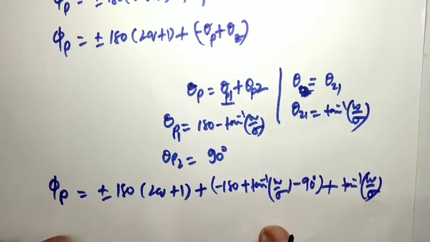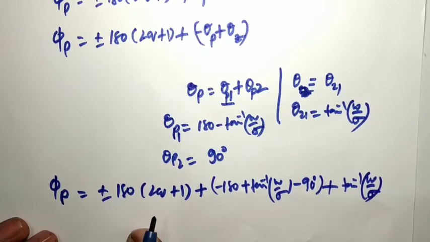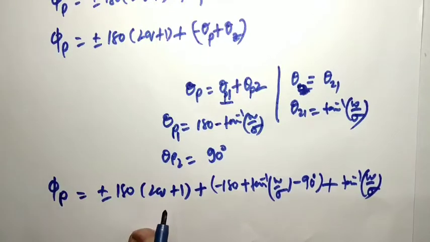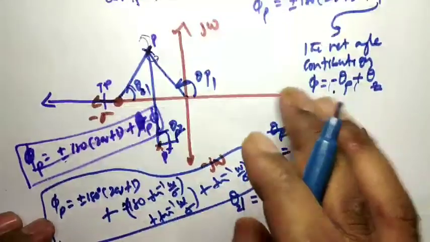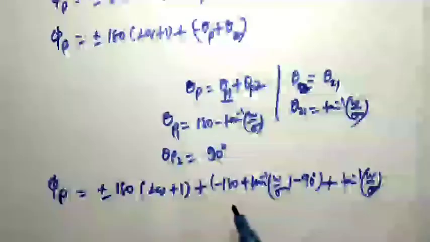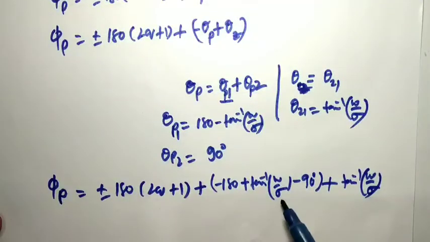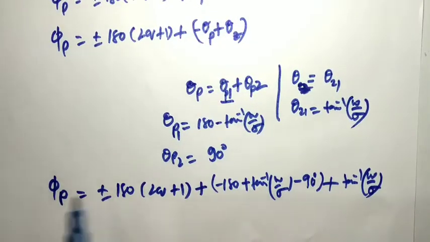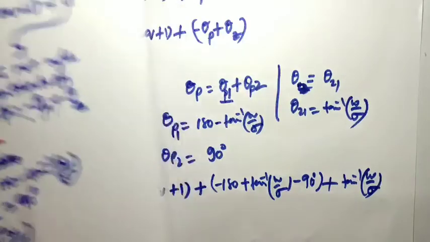So you will get the angle of departure value. Generally, if you just find the omega and sigma values, you will get the angle of departure value.